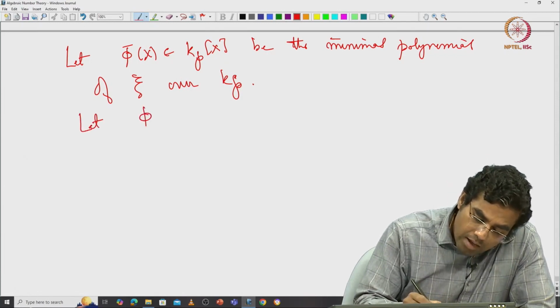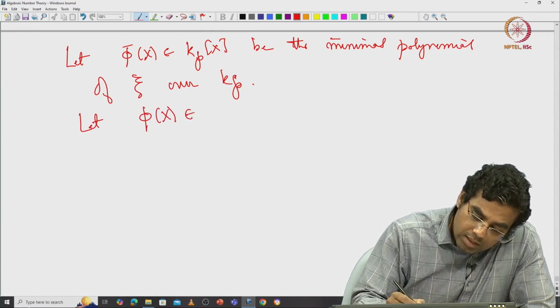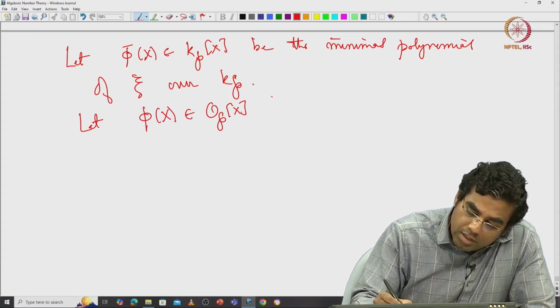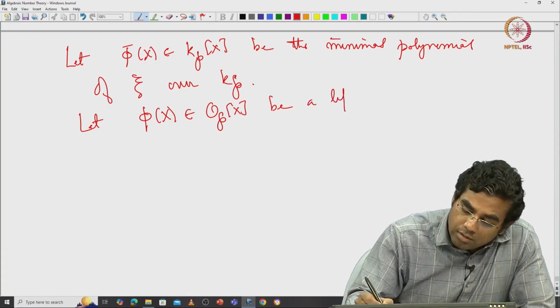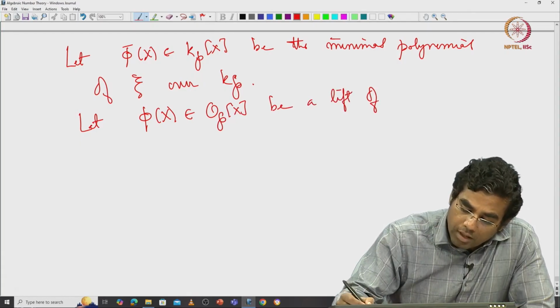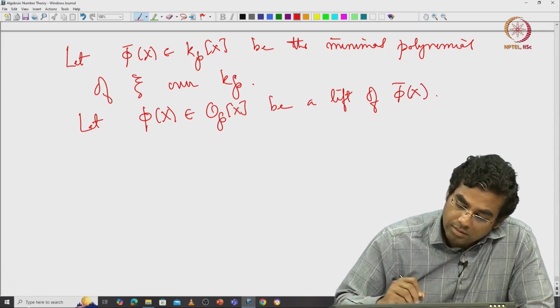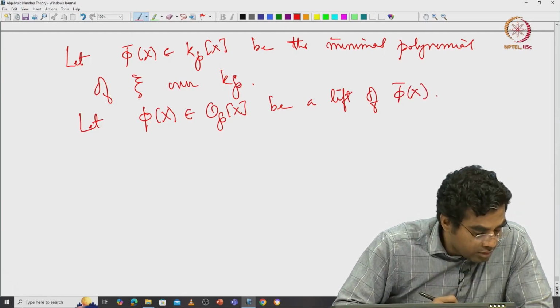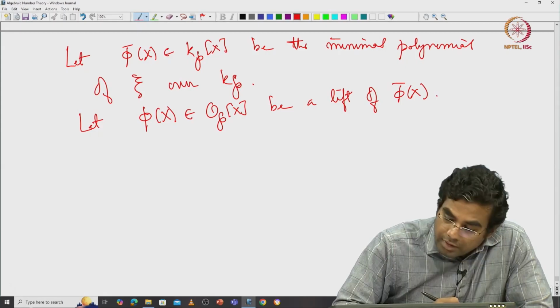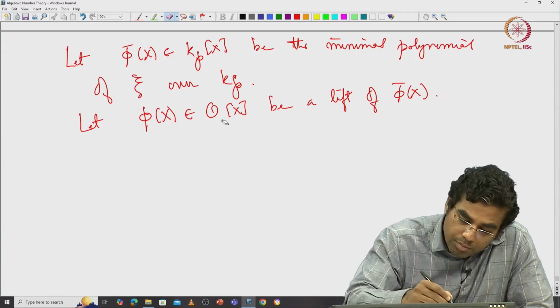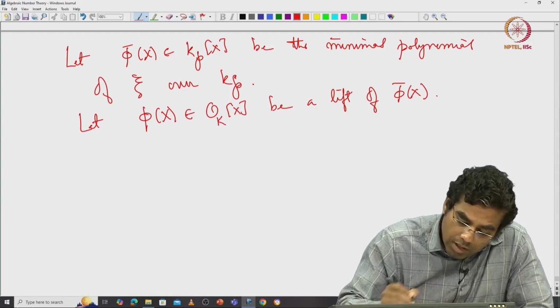Let phi of x in O sub k of x be a lift of phi bar of x. We can always take a lift like that. Sorry, let me take that lift not in O sub p, but actually in O sub k.